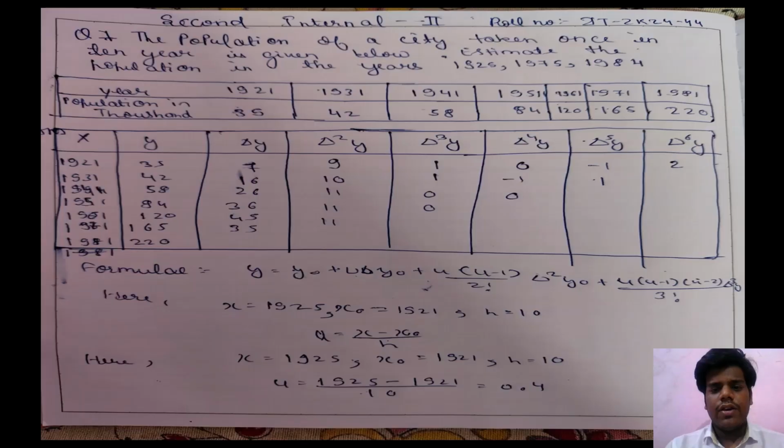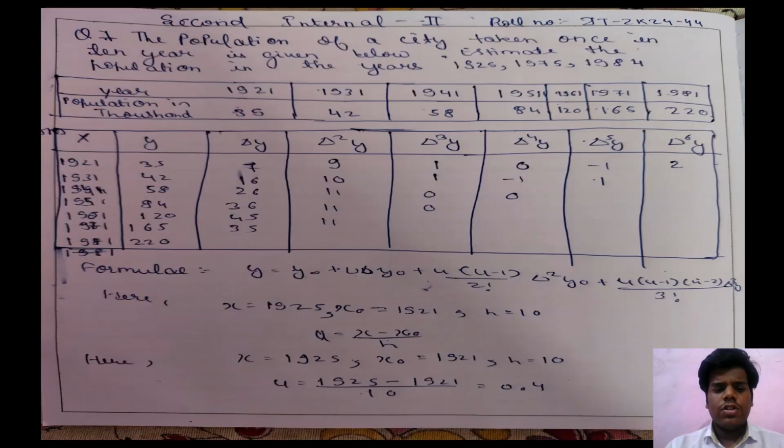Now delta 3 y: 1, 1, 0, 0, and delta 4 y is equal to 0, minus 1, 0, and delta 5 y minus 1, and delta 6 y is equal to 2.